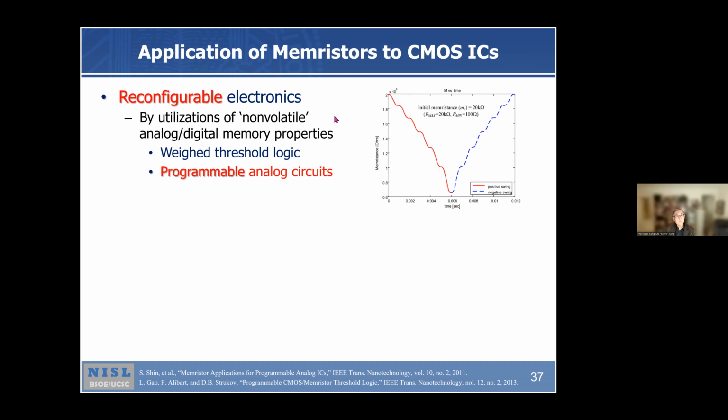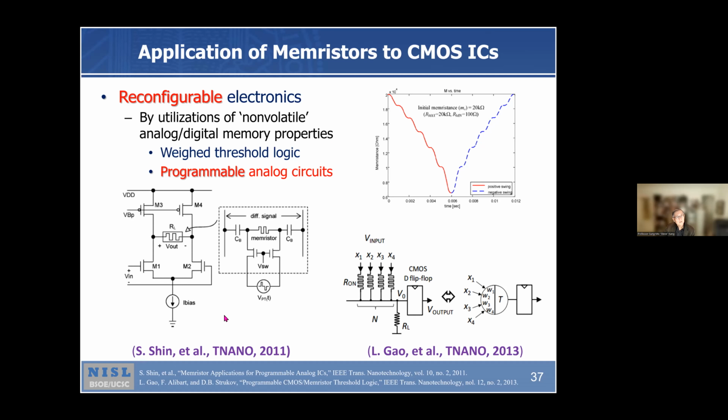You use a memristor and you program it. So this shows a programmable voltage controlled amplifier. You use a memristor here, and you can program the resistance, and its gain can change up and down.